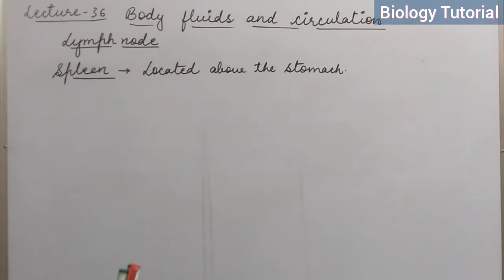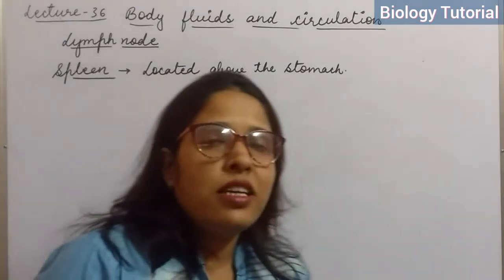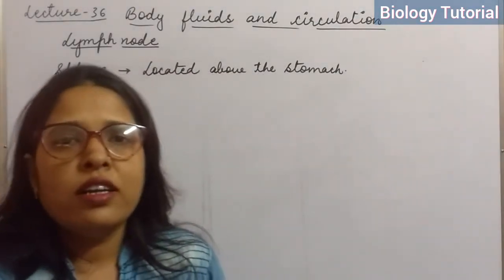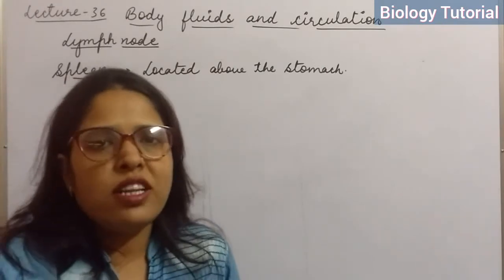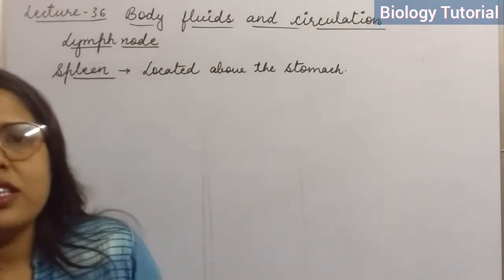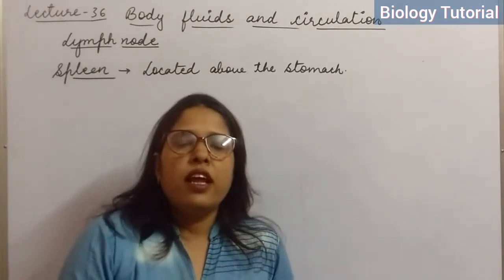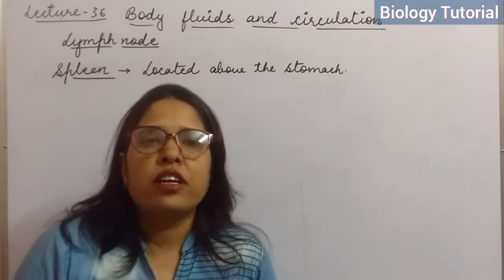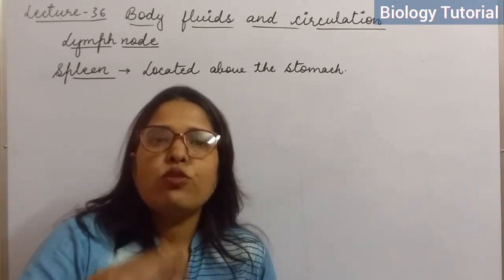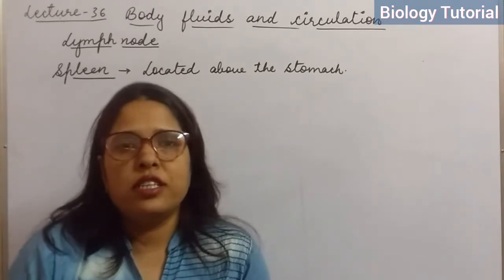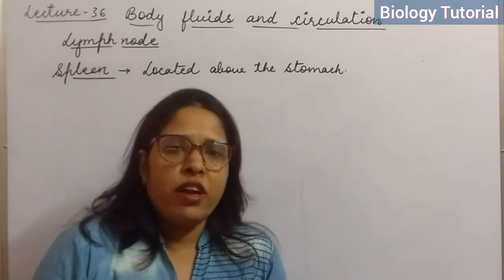The spleen acts as an erythropoietic organ in the embryonal stage. Okay, in the embryonal stage the spleen behaves like an erythropoietic organ. It means it is going to produce RBCs in the body of an embryo.